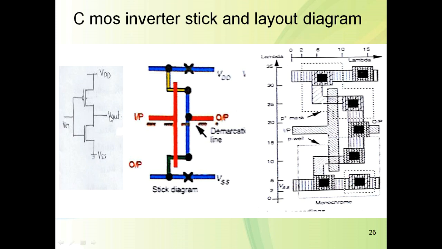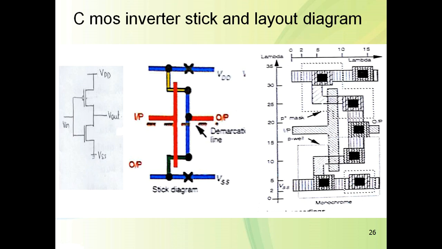We have already discussed how to draw the stick diagram for the CMOS inverter. Draw the VDD line and VSS line, keeping sufficient distance between the two lines so that we can form the transistors in between them. Draw a demarcation line in between.